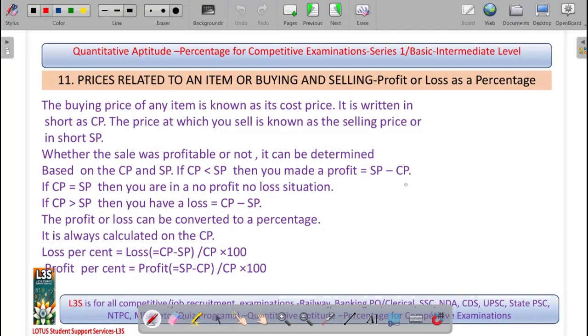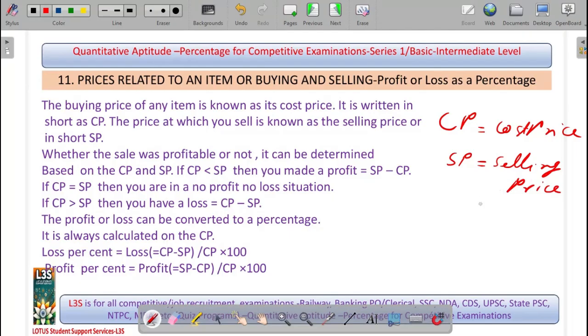So CP is the cost price of an item, the buying price, and SP is the selling price. This is the price at which we will sell the item to the customer. Whether the sale was profitable or not can be determined based on cost price and sale price.